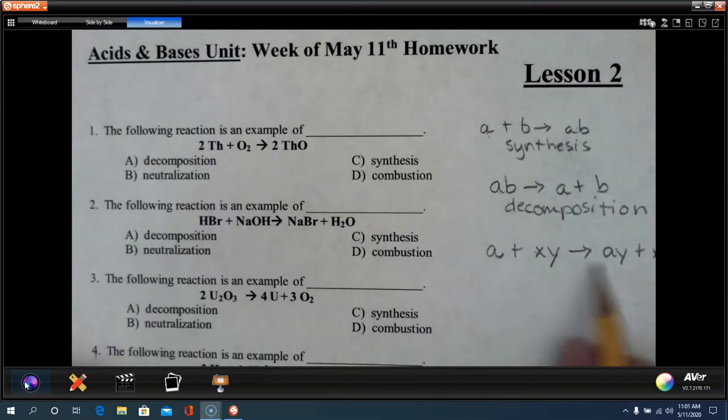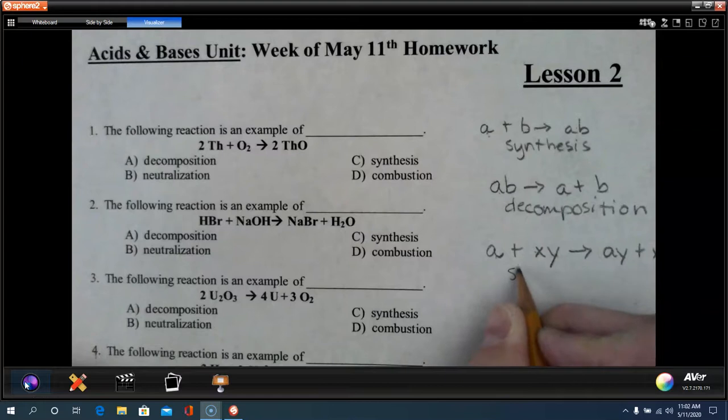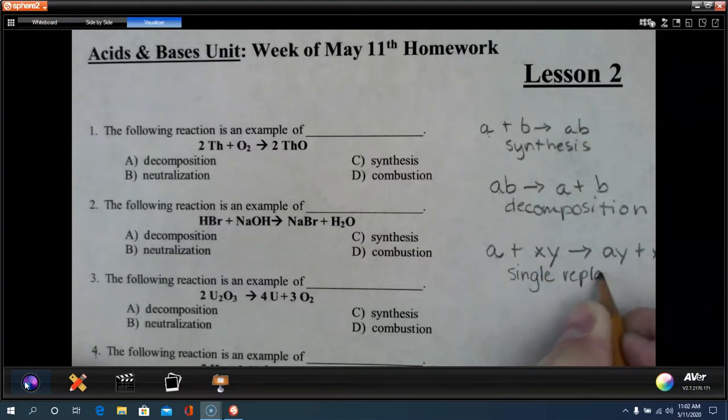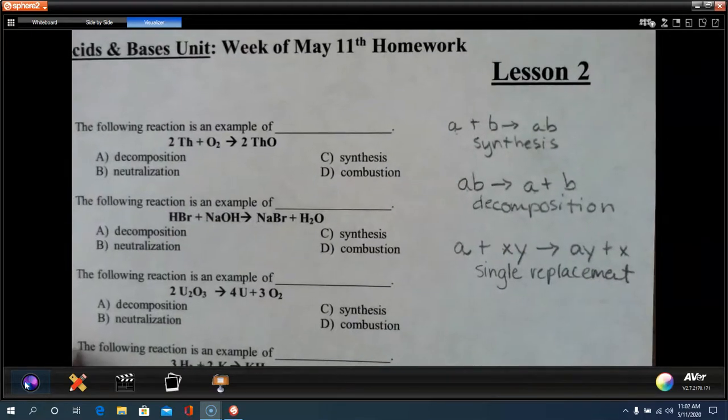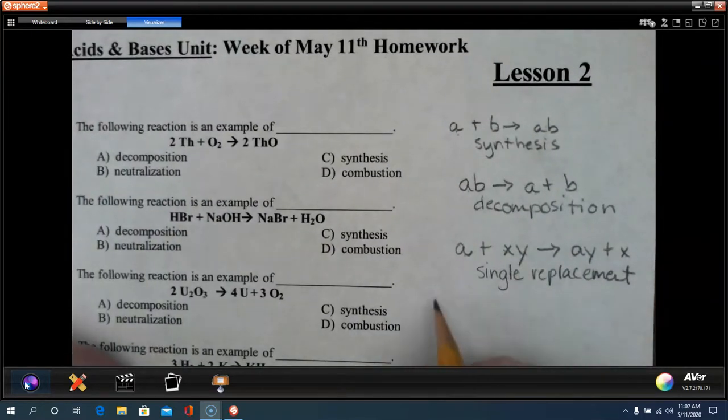And when it does, it will make the new compound, and the element that it replaced will be off by itself. This is a single replacement.